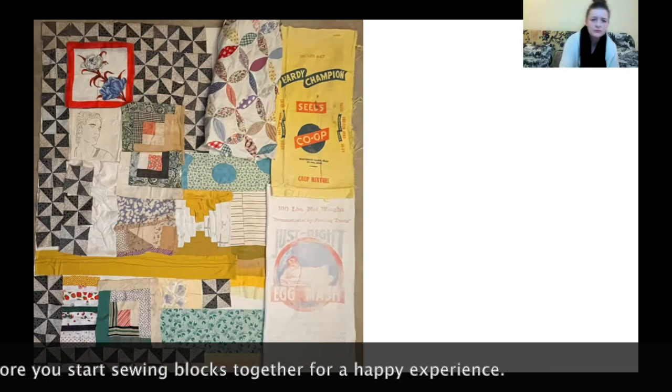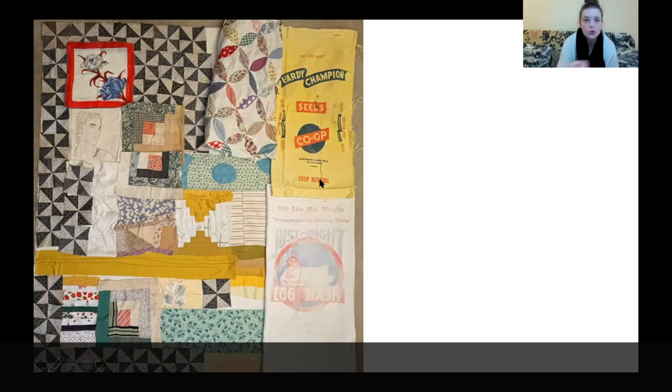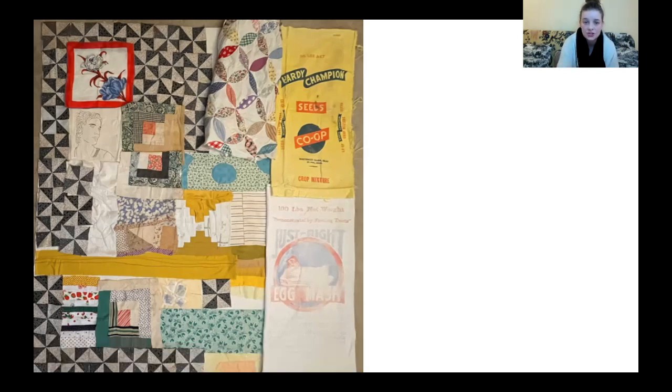Also, things like my handkerchief, things like these feed sacks, they have finished edges or very interesting raw edges. And I can do something called safety pin applique, where I just safety pin them together and then the quilting holds them ultimately in place.